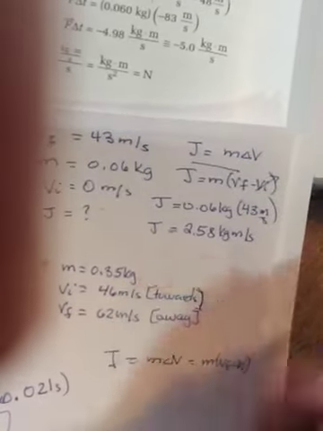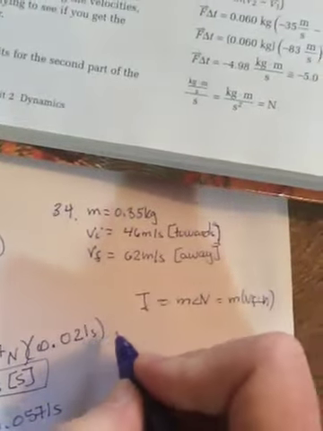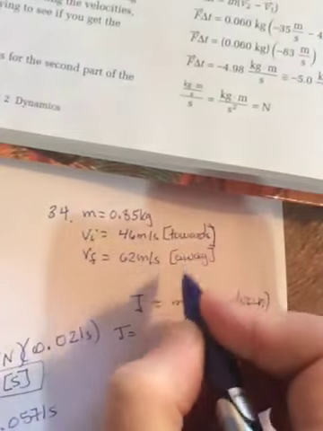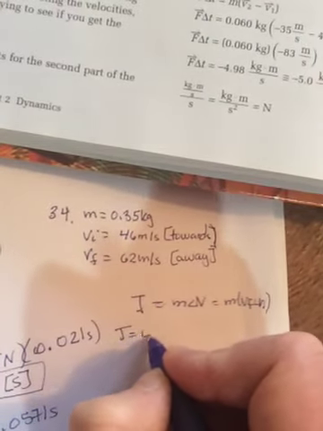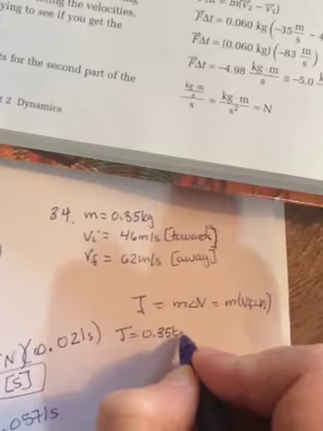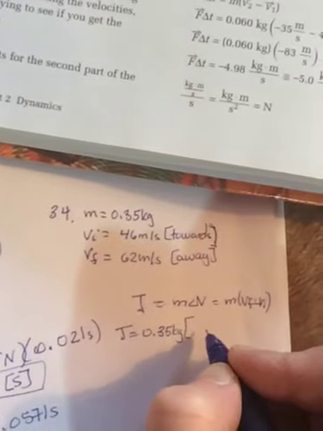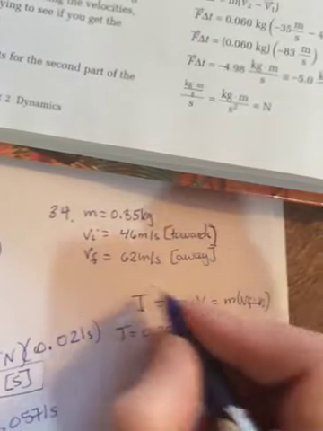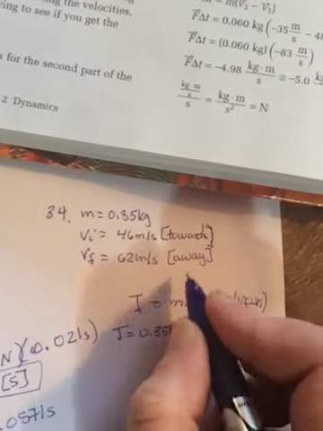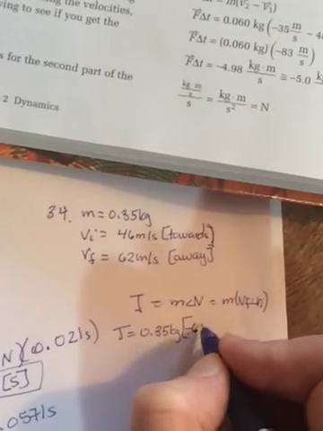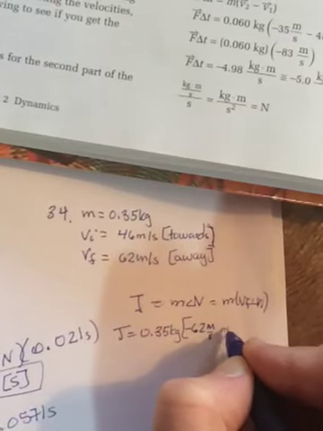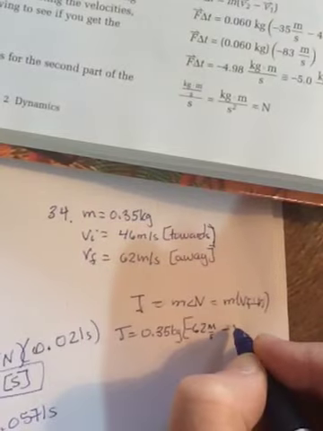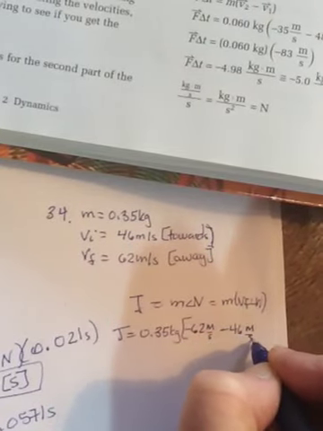Now, when you do this, my paper's moving around. Hand is in the way. Okay, there we go. When you do this, you have to be careful of directions. One is towards and one is away. So 0.035 kilograms. It doesn't matter which one you call positive, but you need to call one of them positive. So if we call towards positive, since that's the initial direction, then the final would go in as negative 62 meters per second minus, and the initial would go in as positive 46 meters per second.